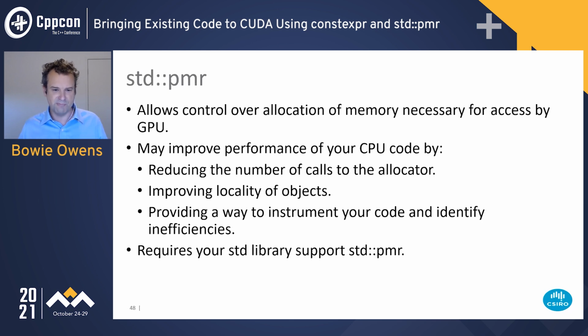And this may improve the performance of your code. Standard PMR also gives you a way to instrument your code and identify inefficiencies. And I can assure you, if you add a print statement every time you allocate some memory, you get pretty motivated pretty quickly to eliminate those copies of objects that you didn't realize were there.